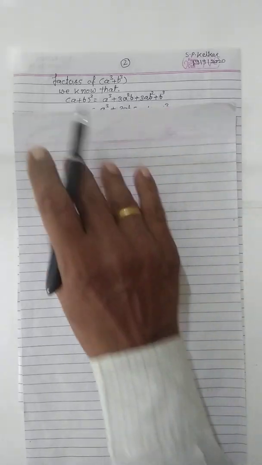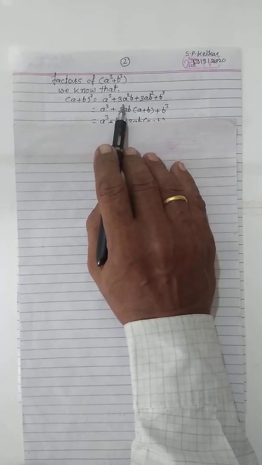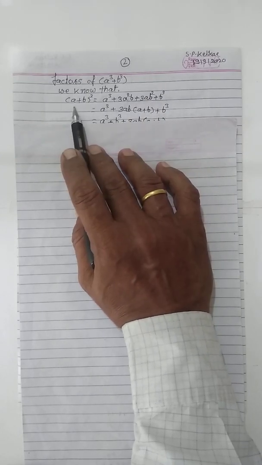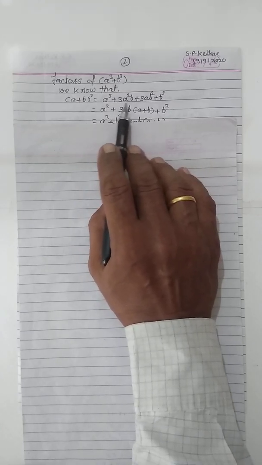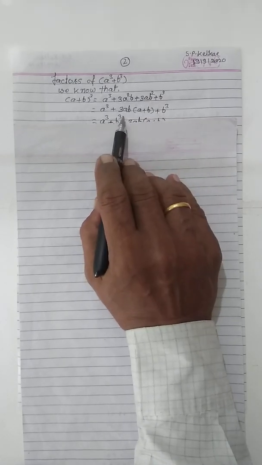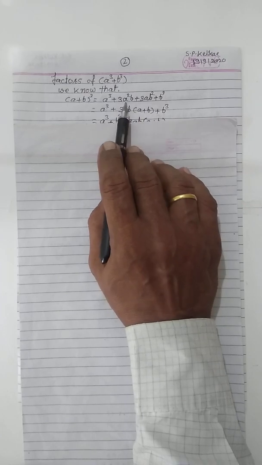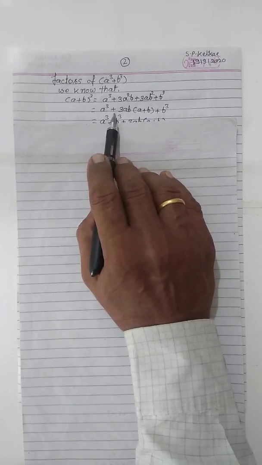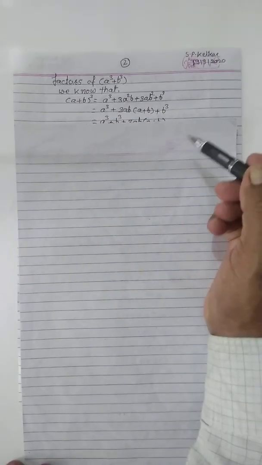Now, factors of a cube plus b cube. We know that the expansion of (a plus b) whole cube is a cube plus 3a square b plus 3ab square plus b cube. Now we take common between the middle two terms: 3ab is common, leaving a plus b in the bracket. So a cube plus 3ab into (a plus b) plus b cube.